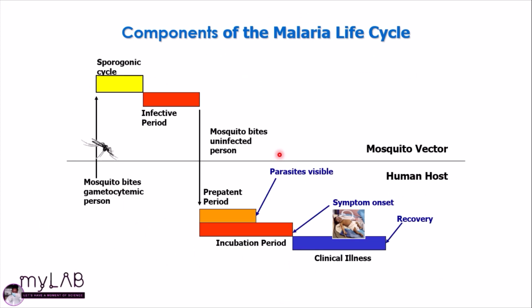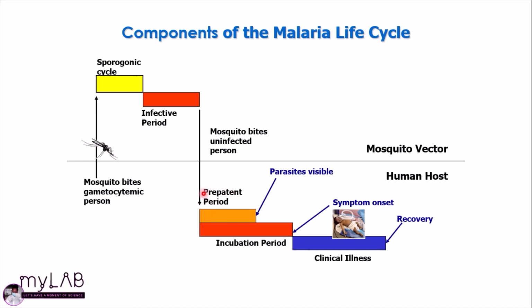So in summary, the components of our malaria cycle between the mosquito vector and the human host, which we said begins when a mosquito bites a gametocytemic person, usually will lead to the sporogonic cycle that releases the infective sporozoites, and these sporozoites are transferred into a human host through another bite.